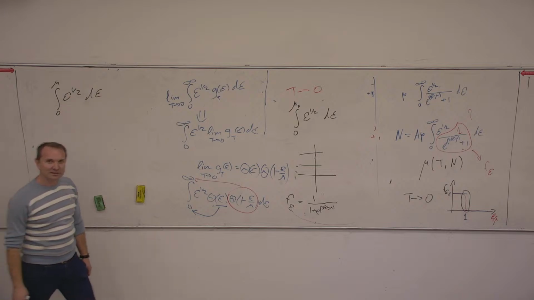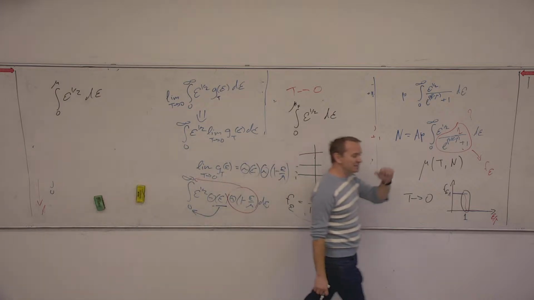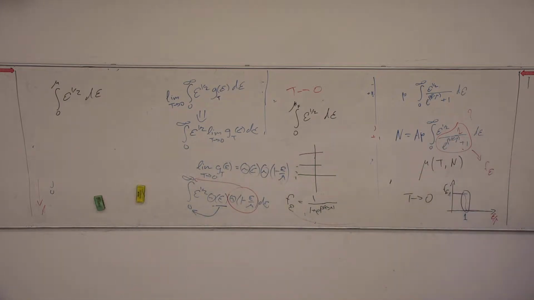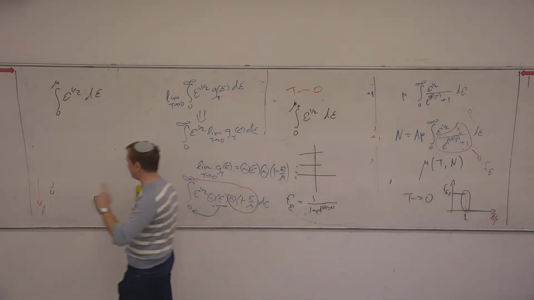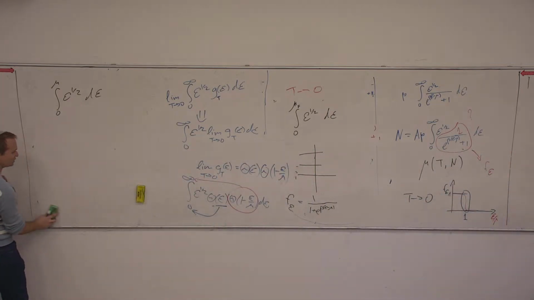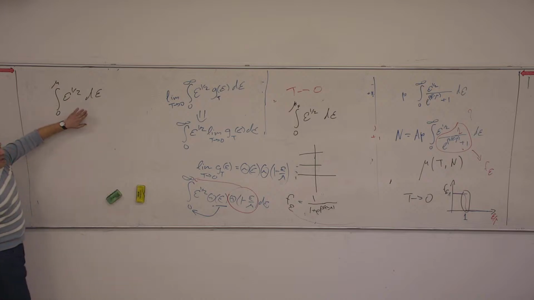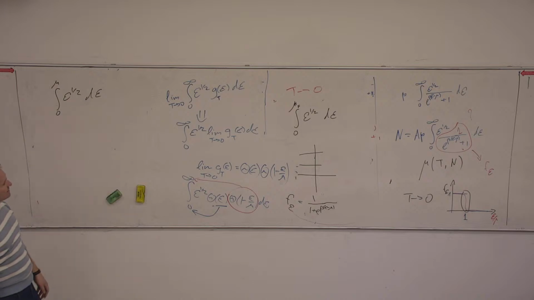It does not serve our purpose, because there is a point that I would like to make at the end of this calculation. Anyhow, this integral is what it is.